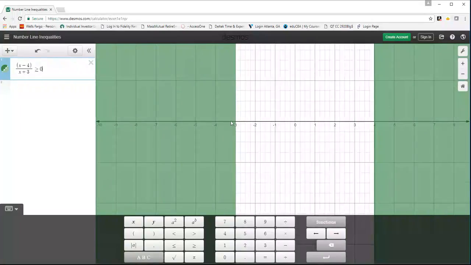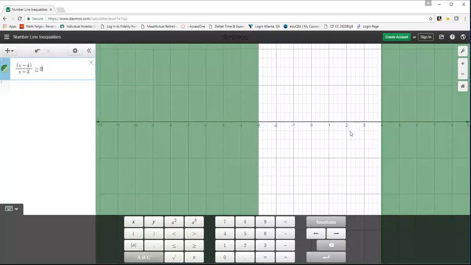This range is negative infinity to negative 3 and 4 to infinity. So we've got an open space here. And you can't really see it, but this is going to be a dotted line because, like I said, negative 3 plus 3 gives you a 0 in the denominator, and you can't have that because you've got an indeterminate. So that's what the graph would look like for the solution of this inequality.